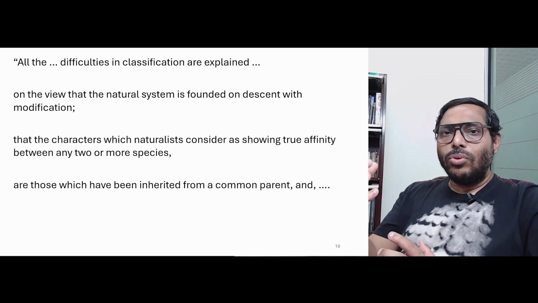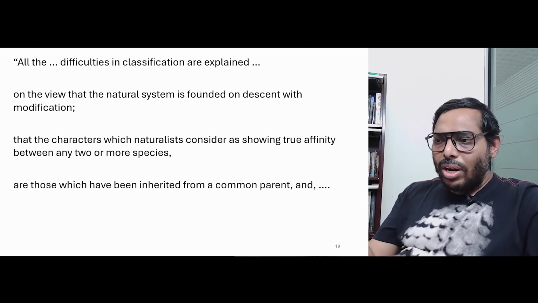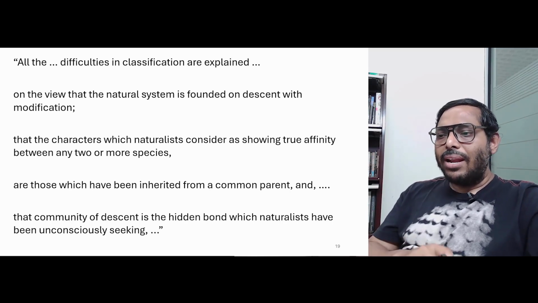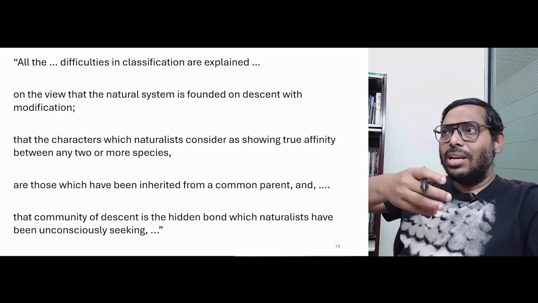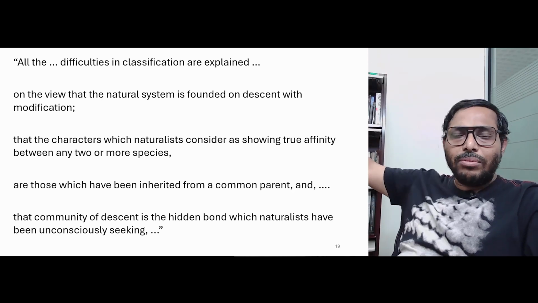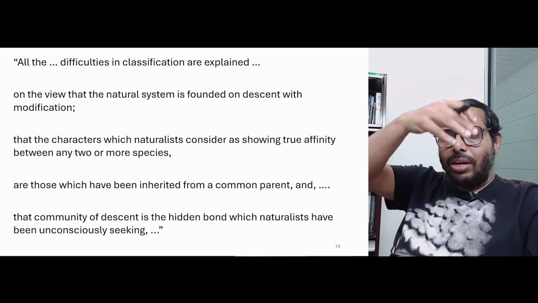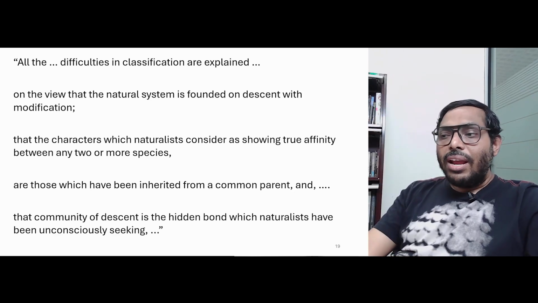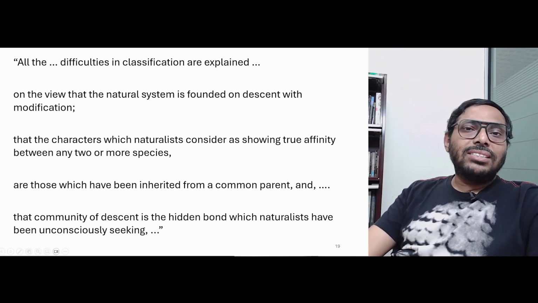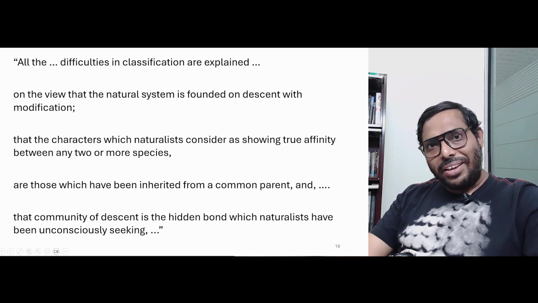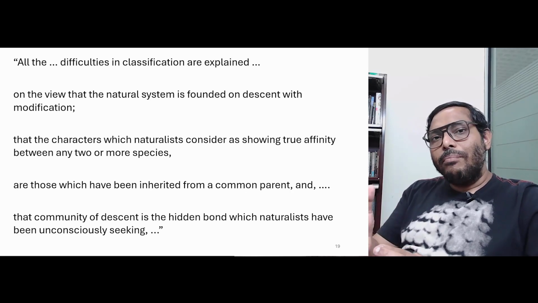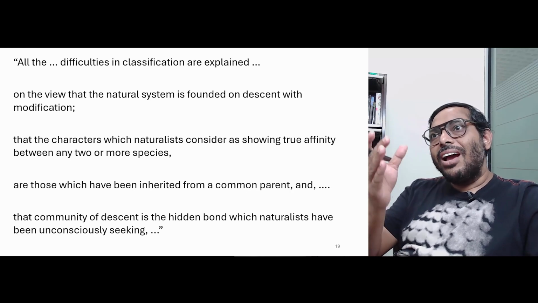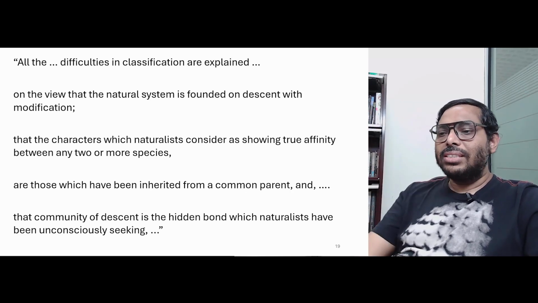So, all the most important characters have come from common parents, and that community of descent, that is, different groups descending with modification in different lineages, is the hidden bond which naturalists have been unconsciously seeking. So, this is a statement which shows the importance of descent with modification in understanding how different lineages have originated.